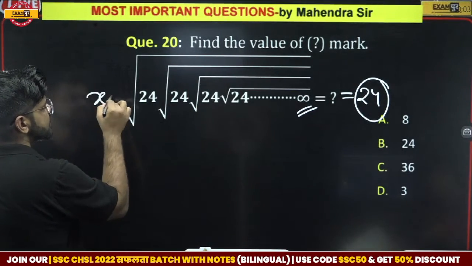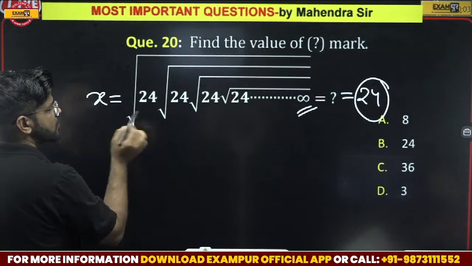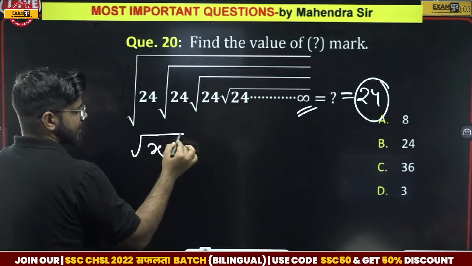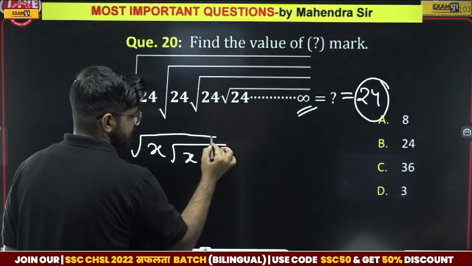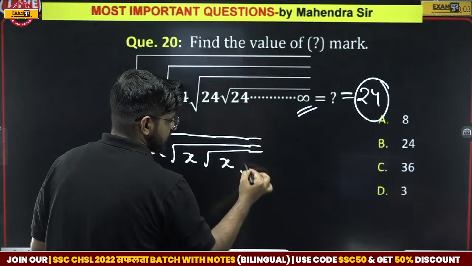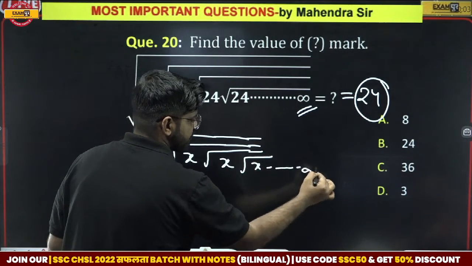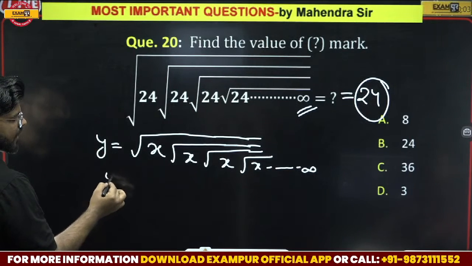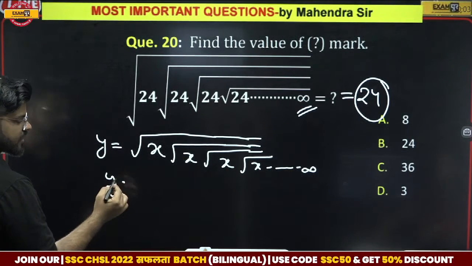Just suppose it is equal to x. Okay, it is equal to x. So let's take a series like x, and so on to infinite. Okay, let's suppose it is equal to y. Now we can write it y square.